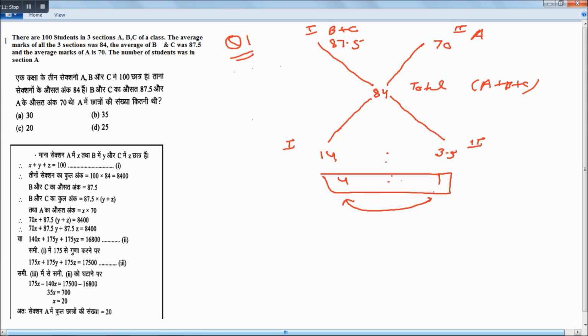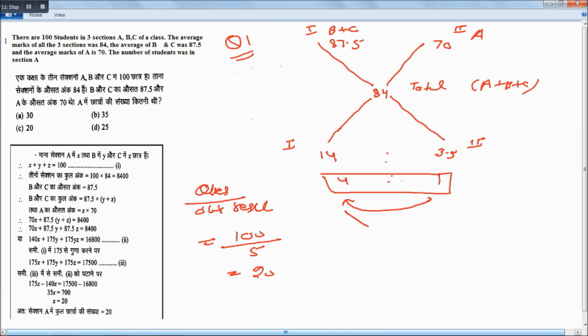4 plus 1 is 5. But according to the question, the total number of students is 100. According to the question, the number of students is 100, and by our result the total is 5. 100 upon 5, that is 20.